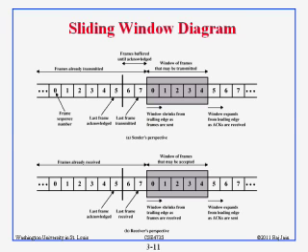If a packet is acknowledged, then this edge goes up. This edge goes up when the packet is acknowledged, and this edge goes up as the packet is sent. And this is the window that can be sent. The receiver says you can send up to packet number 4, but we have sent only up to 7, so we can send 0, 1, 2, 3, and 4. So this is the window of packets that can be transmitted.